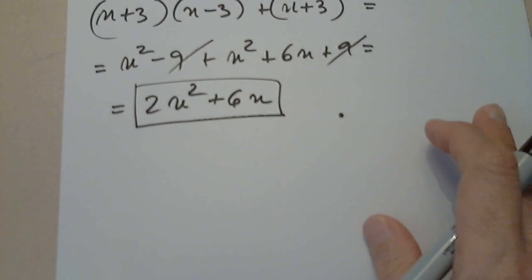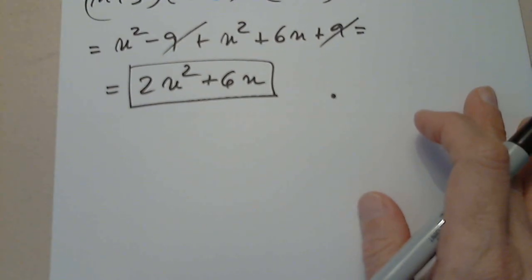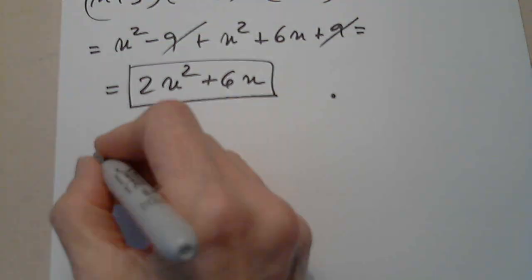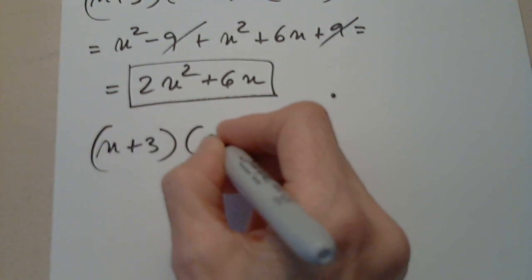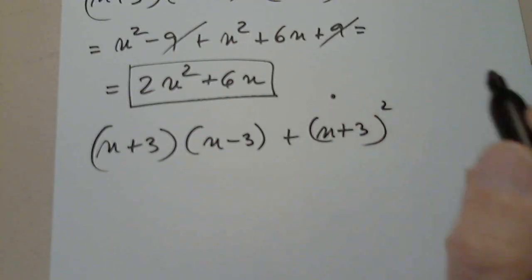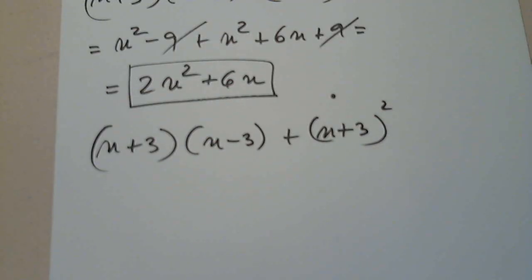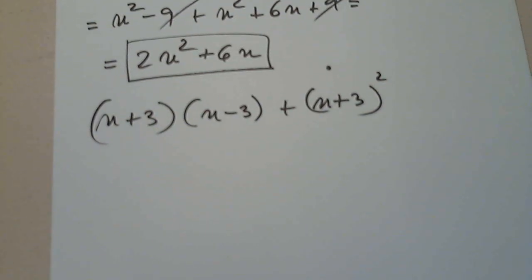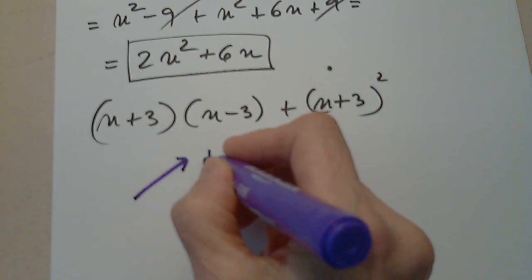But I want to show you something else, because we're going to need this procedure. N plus 3, n minus 3, plus n plus 3 squared. There are two important concepts here. One is distributing.